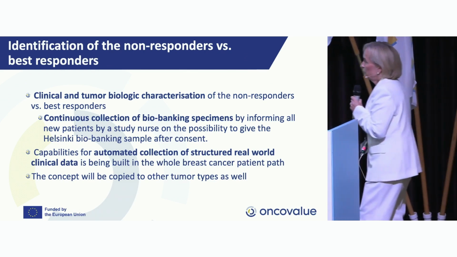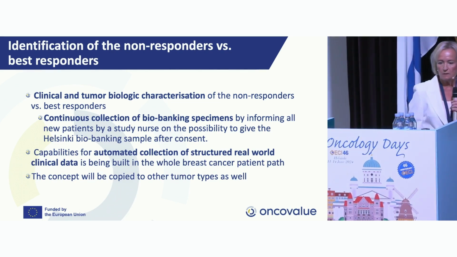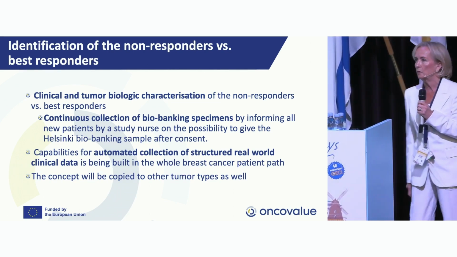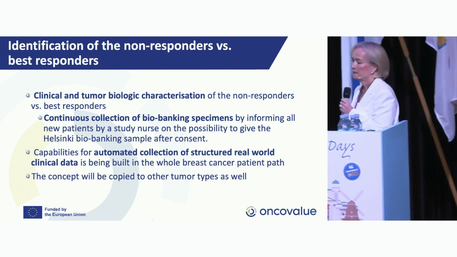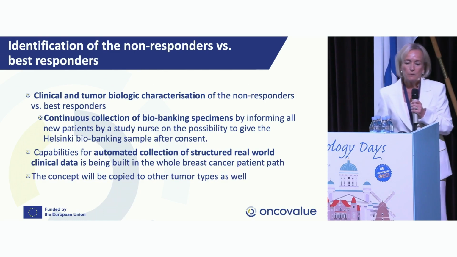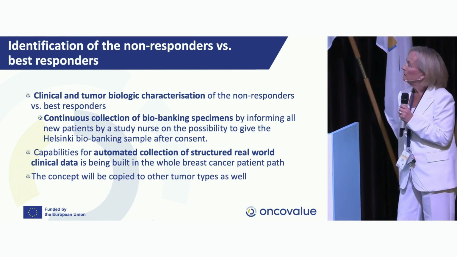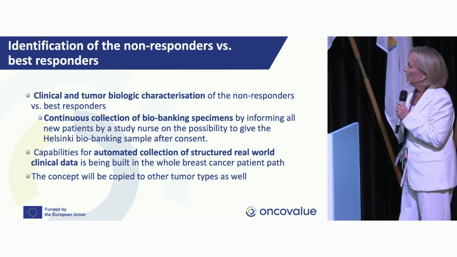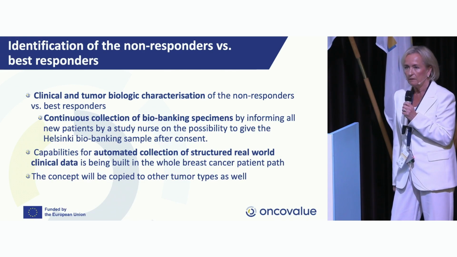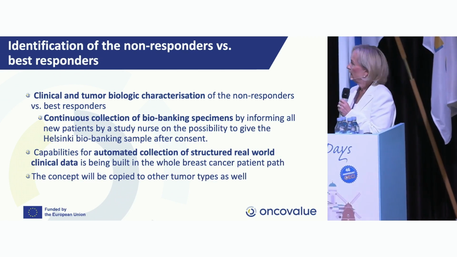In the future, when we take novel drugs into use, of course we need to know the effectiveness and the cost effectiveness of the treatments, but just as important is to be able to identify the best and worst responders to the therapy, especially the worst responders, because they do not benefit from the treatment and they need something else.